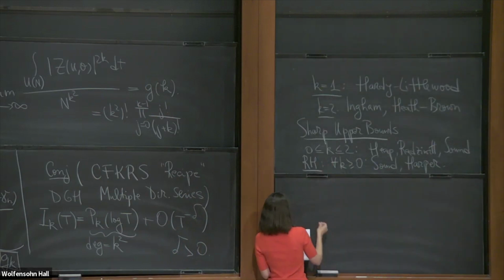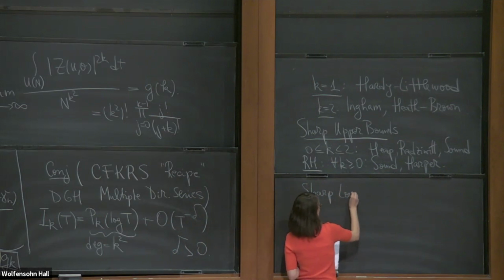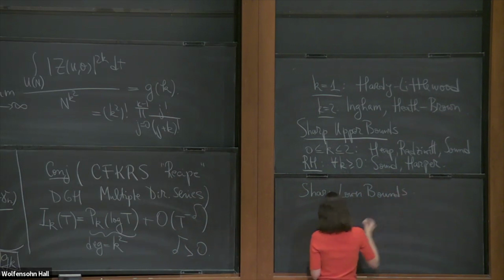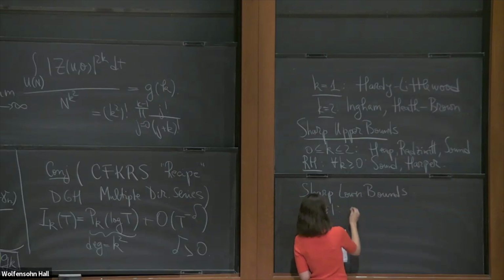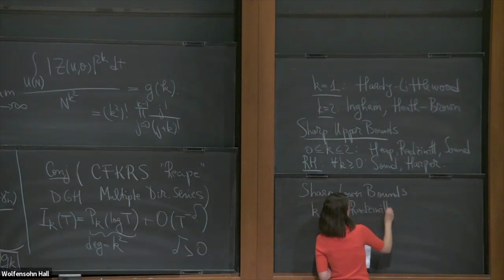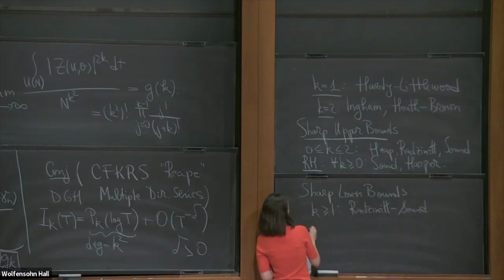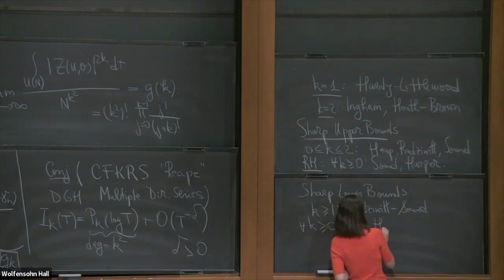Now, in terms of lower bounds, there are sharp lower bounds for k greater than or equal to 1, work of Radziwiłł and Sound. For all positive k, there are conditional sharp lower bounds due to Heath-Brown and Ramachandra.